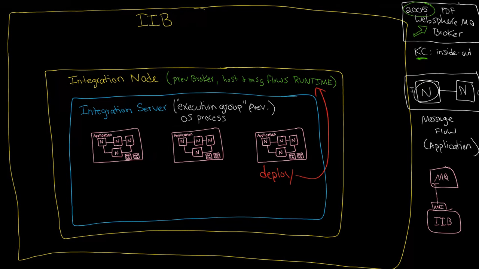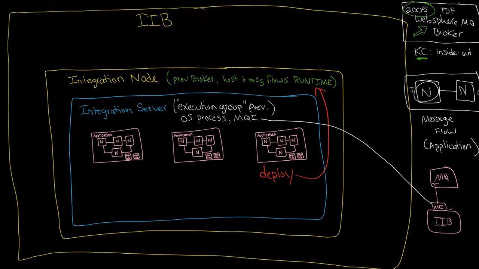Well, how is it going to do that? It does it by exposing this MQI into MQ. And that MQI portion comes into play here in this integration server. So it's this, right? That portion of the connection.